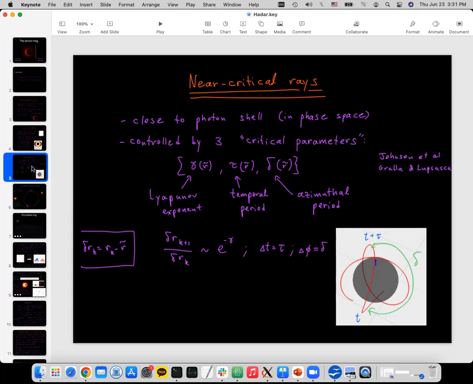For a geodesic traveling in the bulk near the black hole, it controls how quickly or slowly it recedes or approaches the critical radius R tilde. If we look at the separation from the critical radius R tilde, then the separation after the (k+1)th orbit over the separation after the kth orbit is e to the minus gamma, where gamma is this Lyapunov exponent.